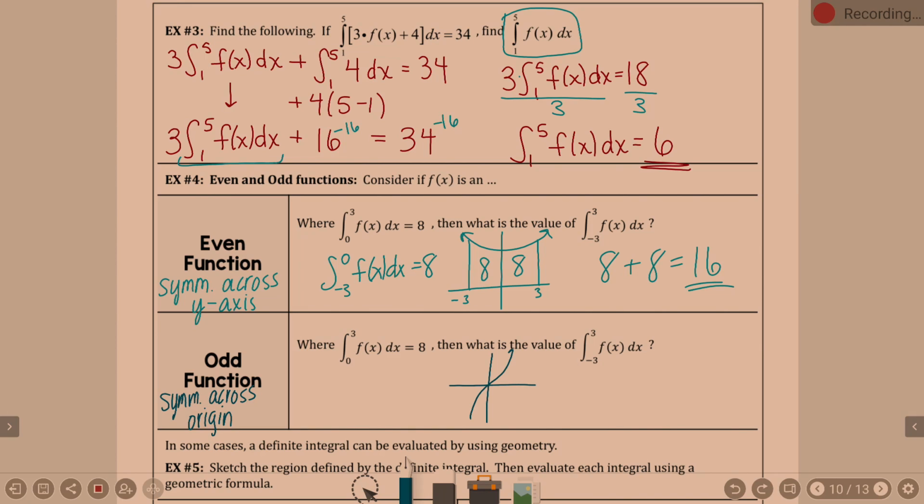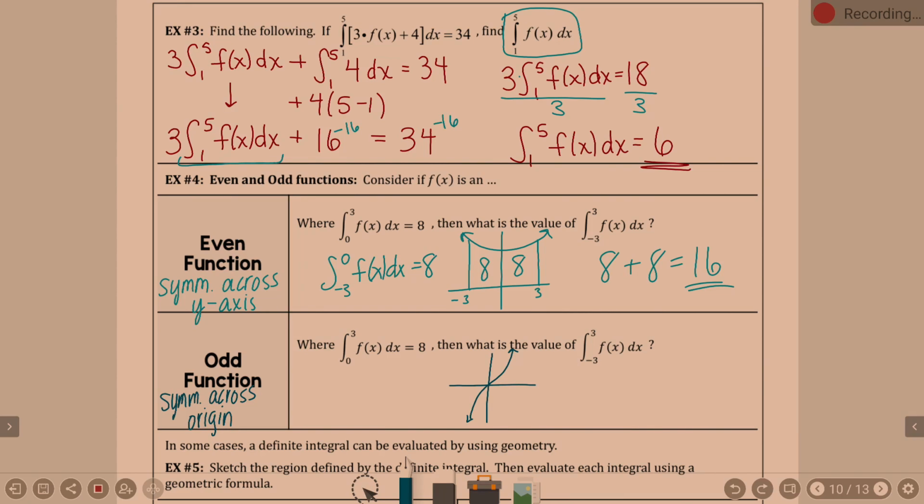Let's do a cubic graph. That's symmetric across the origin. I've taught it as you can reflect it across both axes. If you can reflect this across the x and across the y, what's in the first quadrant will land on the third quadrant, right? It can also, I've decided, be called a rotation of 180.